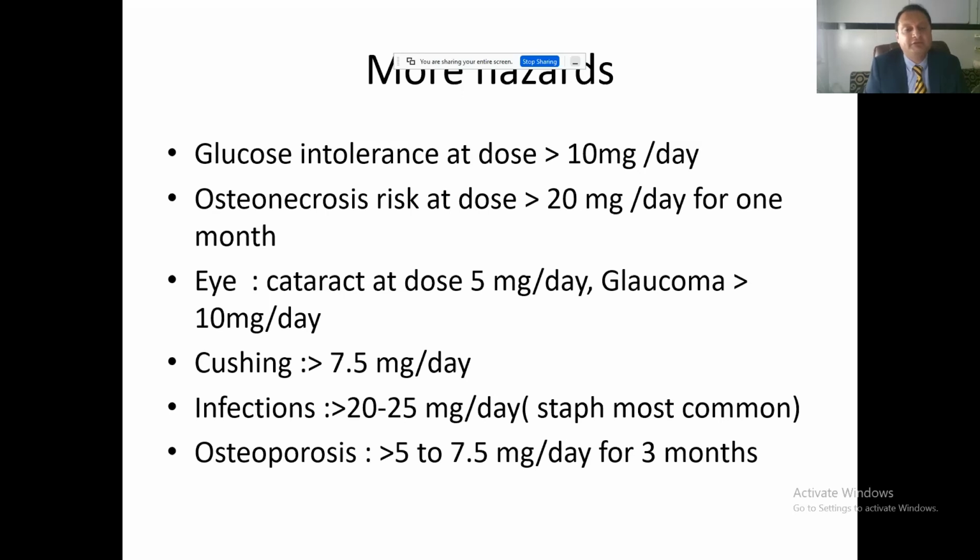These patients can have cataracts at doses as low as 5 milligrams per day, and also glaucoma if the dose is 10 milligrams per day. These doses are just from the literature, but nevertheless, sometimes at higher doses or even lower doses, they can have these side effects. They can become Cushingoid with doses more than 7.5 milligrams per day. And obviously there are risks of infections as well as osteoporosis.